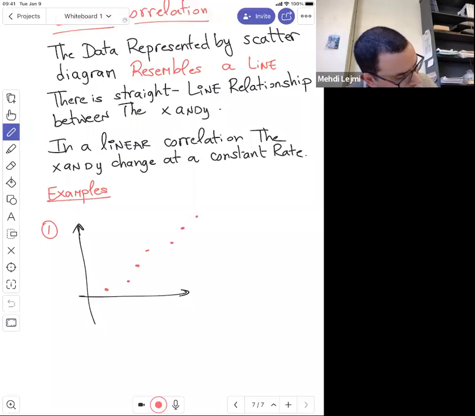Okay, this is your scatter diagram. Now you have all these points, right?